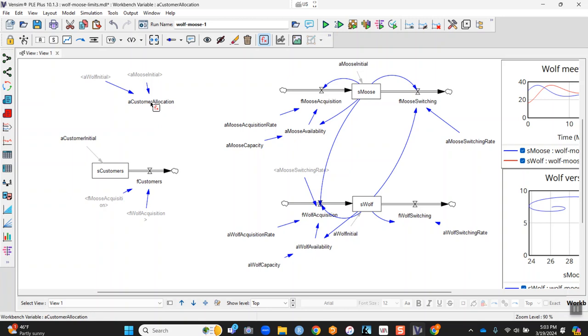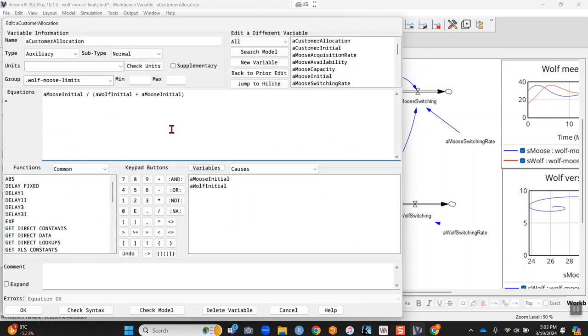The customer allocation rule is in terms of moose. I think I'm going to want to call this the moose allocation fraction. That's what it is.